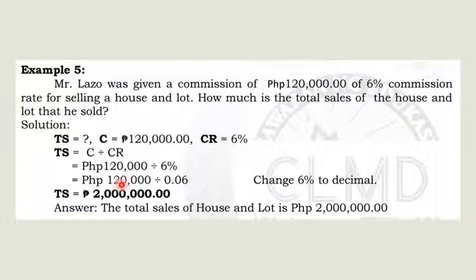So, 120,000 divided by 0.06 is 2 million pesos. So, ibig sabihin, yung price ng house and lot is 2 million pesos. And since ang commission rate ni Mr. Lasso is 6%, makakuha siya ng 120,000 pesos.